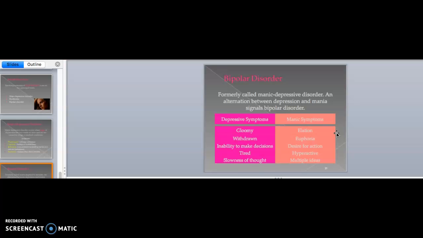We used to call bipolar disorder manic depressive because of the mania and the depression. Now it's more clinically referred to as bipolar disorder. The person is alternating between these phases of depression and mania.